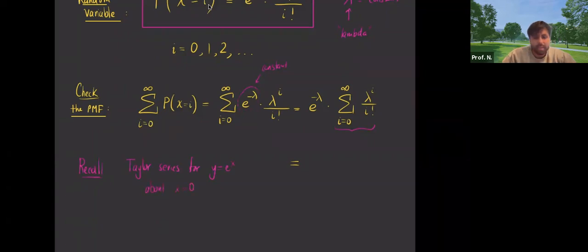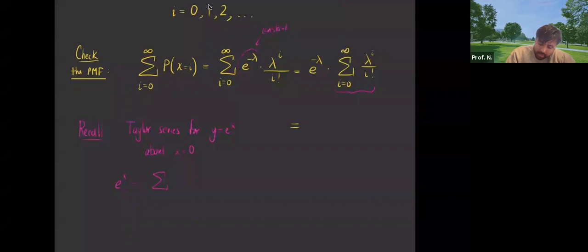Do you guys remember this? E to the x is equal to the summation of x to the I over I factorial, I goes from 0 to infinity. This is the Taylor series.